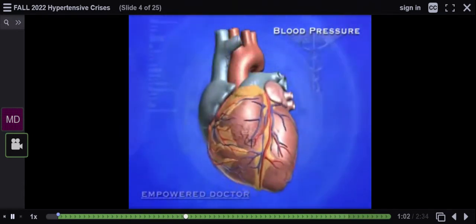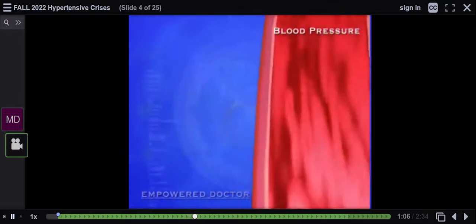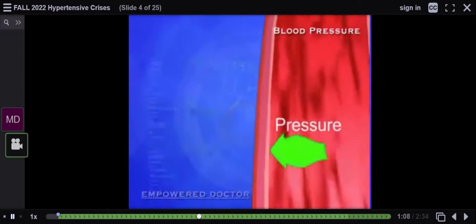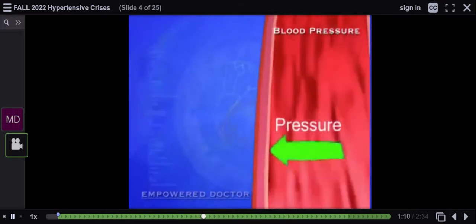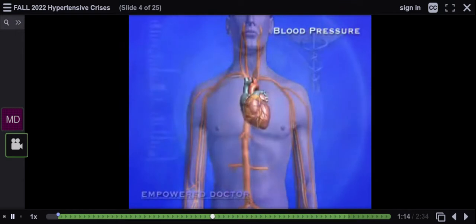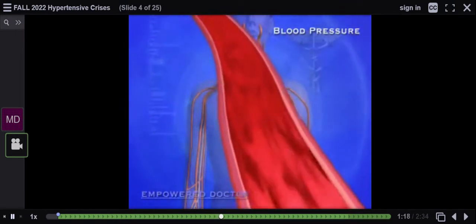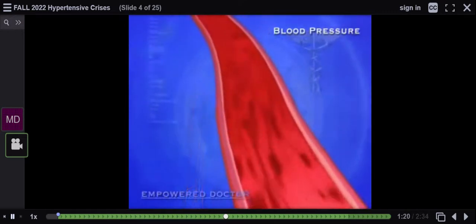heart are working. With each beat, the blood that gets pushed out into the arteries presses against the walls of these arteries. And this is the pressure that's measured when your blood pressure is checked. Now, these walls are normally quite elastic and flexible and allow the blood to flow with little resistance.